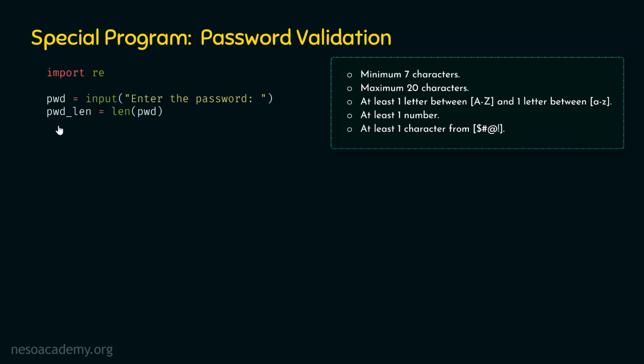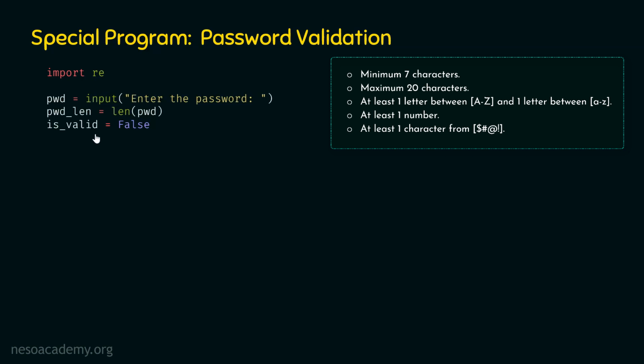The next step is to declare this variable is_valid and set it to false. As the name suggests, this variable will keep track of the validation of the password. If the password is valid, then this is_valid variable will point to true, otherwise it will point to false.